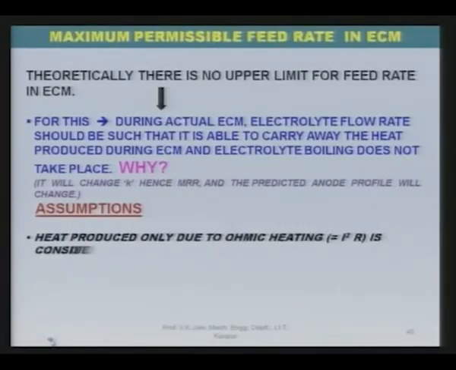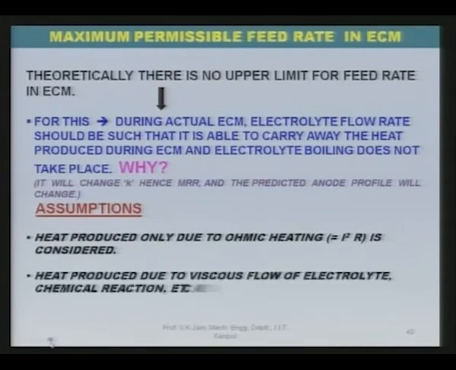Now, in the derivation of this particular equation for maximum permissible feed rate, certain assumptions have been made to simplify the analysis. The basic and foremost assumption is that heat produced only due to ohmic heating is considered and heat produced by other sources is neglected.